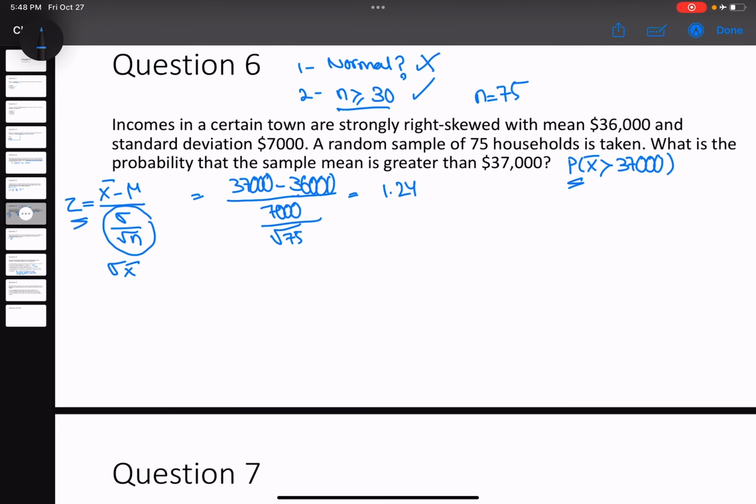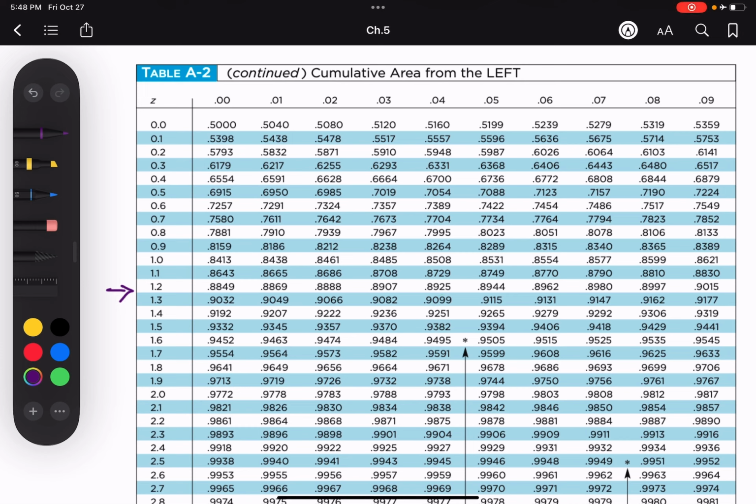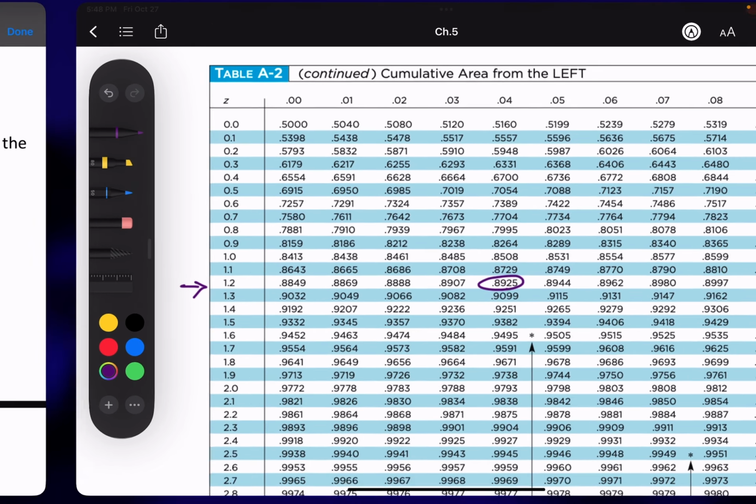In order to get the p from the z-score, we can use table A2. Here 1.24 equals 0.8925.